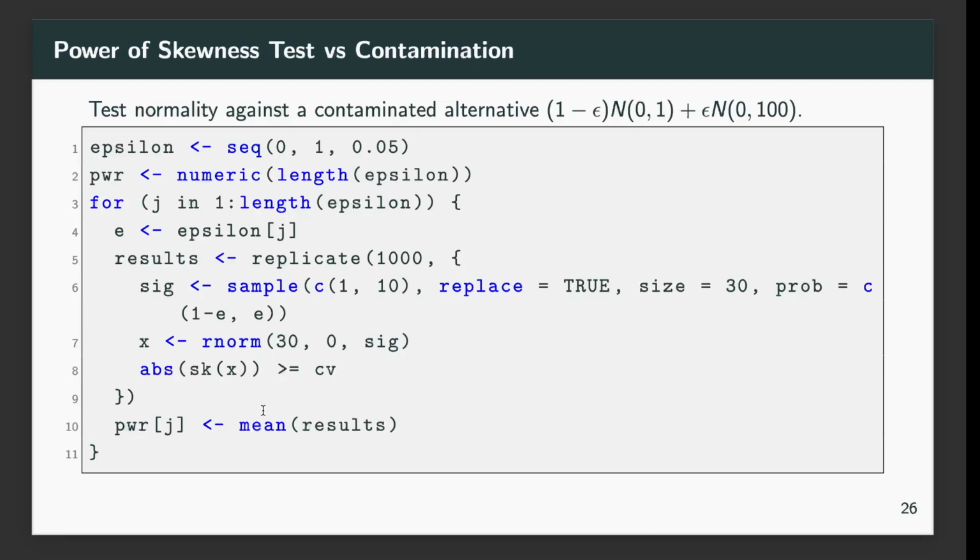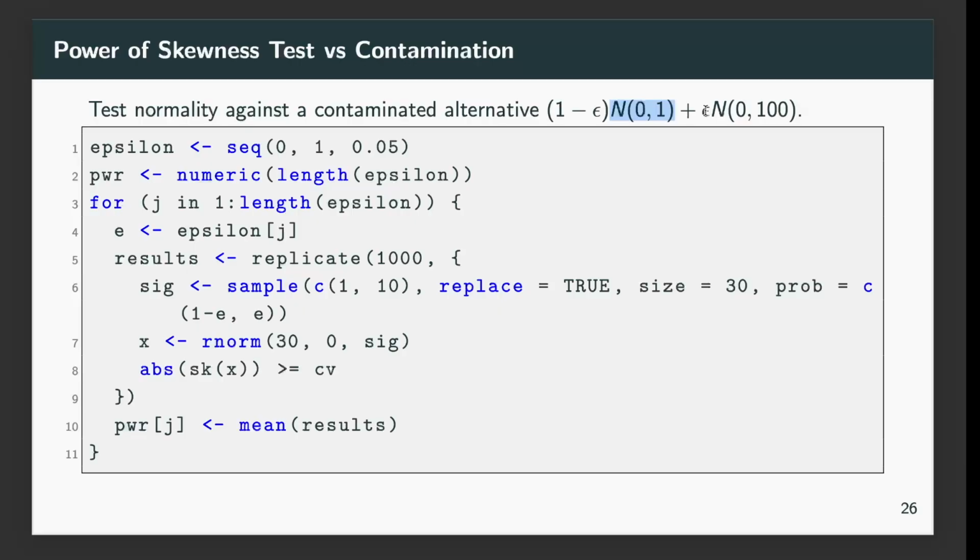So if you generate that graph, you can see that when epsilon is equal to 0, the power will be 0.05 because it will be just a standard normal distribution. But as the contamination gets heavier, as epsilon increases and gets closer to 1, the power will increase because the contaminated distribution increasingly becomes non-normal, and the skewness test is able to detect this.